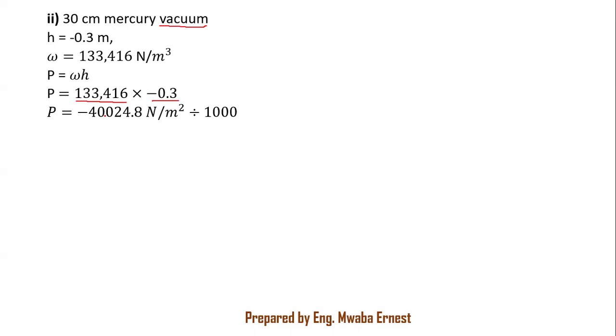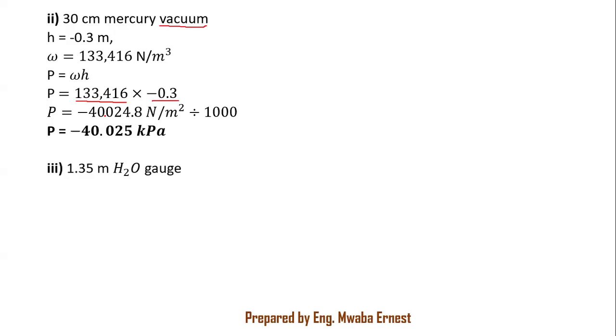But the rule is that all of them should be expressed in kilopascals, so we divide by 1,000 and get 40.025 kilopascals. Negative because this is vacuum.